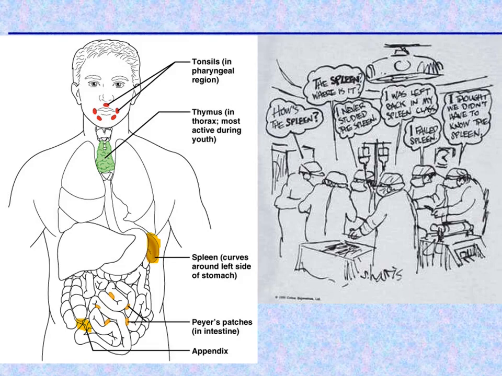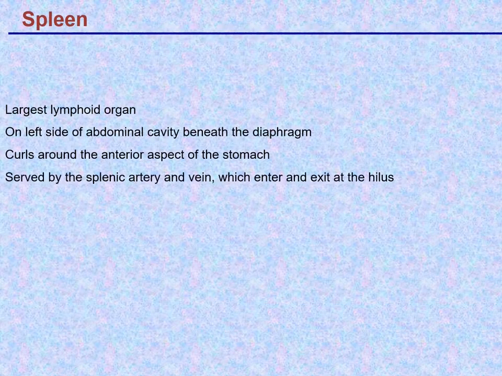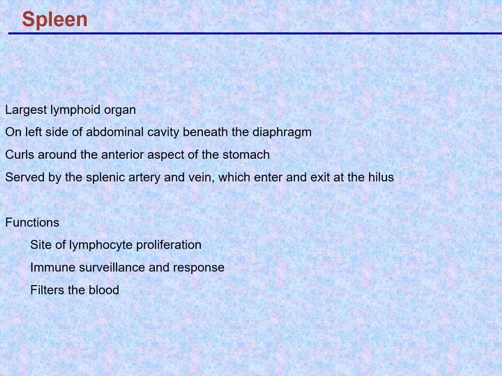So if there are any foreign molecules, foreign antigens in your plasma, it will have an opportunity to interact and activate immune cells in the spleen. Okay, so the spleen is the largest lymphoid organ. Again, a secondary lymphoid organ on the left and back, posterior or dorsal to the stomach.